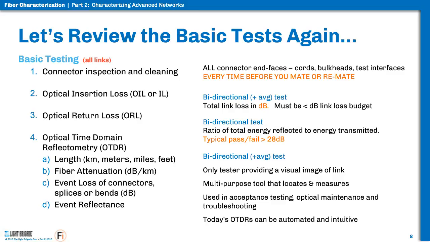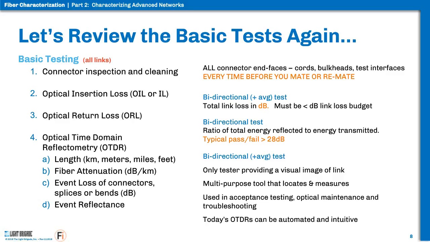It'll even perform ORL testing or span sectional testing. This is also the only tool that provides you with a visual image of the link, in terms of the ability to troubleshoot and isolate problems. If you have a fail in loss or ORL, the OTDR allows you to isolate where that problem is, pinpoint it, and get someone on site.